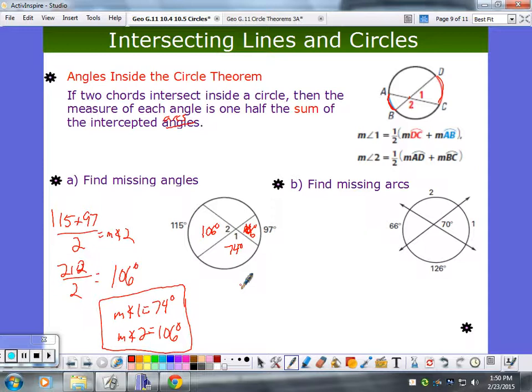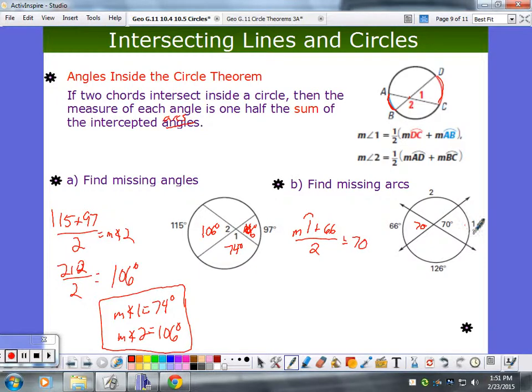Another example here, it says find a missing arc. So notice what's going on in this little example here. I've got my intersecting lines here. I know this arc is 66 degrees. I don't know this. I'm just calling it arc 1. But I do know the angle in the middle here is 70, as is this one. So how do I find that? Well, I know that if I add the measure of arc 1 plus 66, and if I divide by 2, I'm going to get 70.